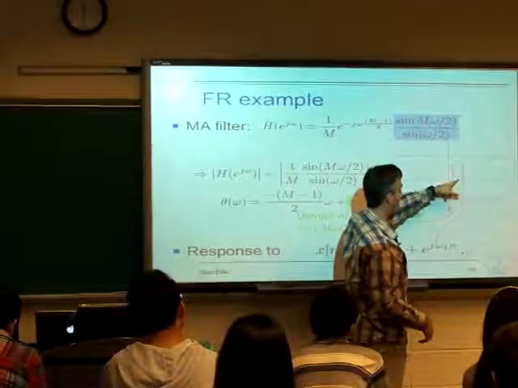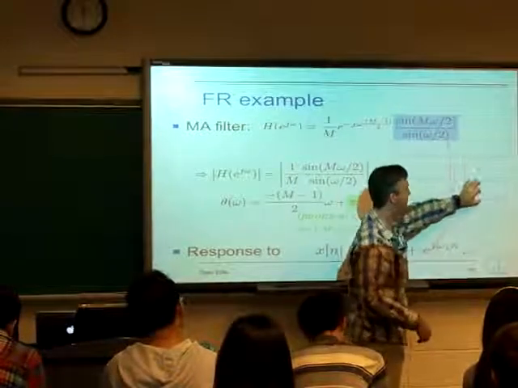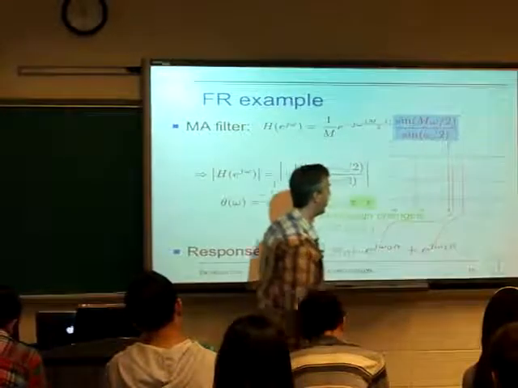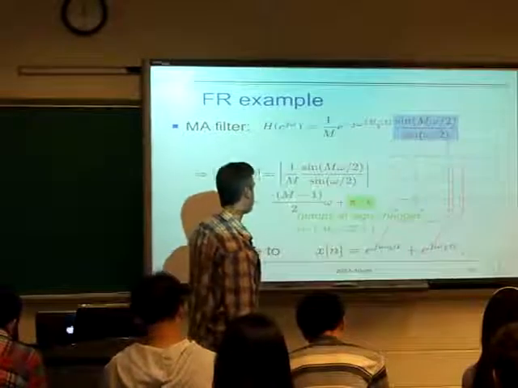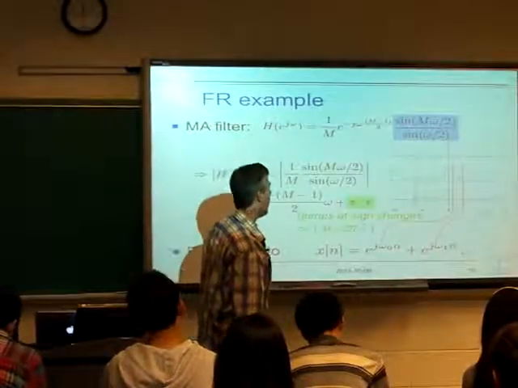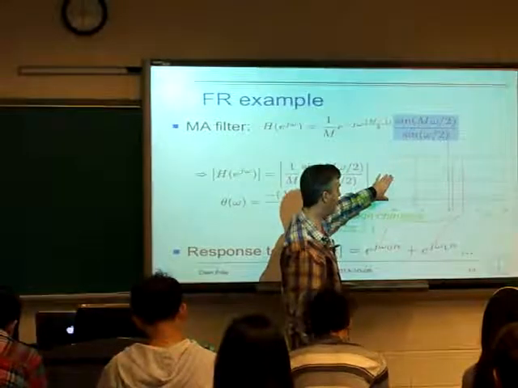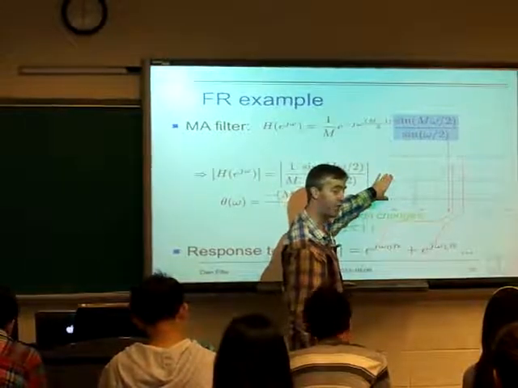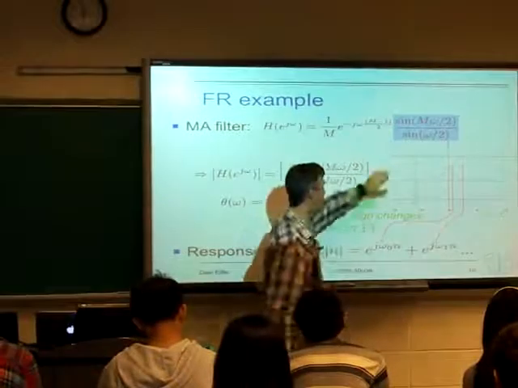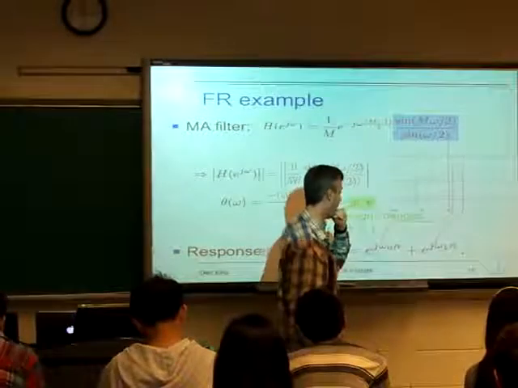It's just a jump that comes from this sine flip. So it's a pi-sized jump, and it occurs at various different values. But this now is a full and complete magnitude and phase description of the DTFT. This is our magnitude response. This is our phase response.